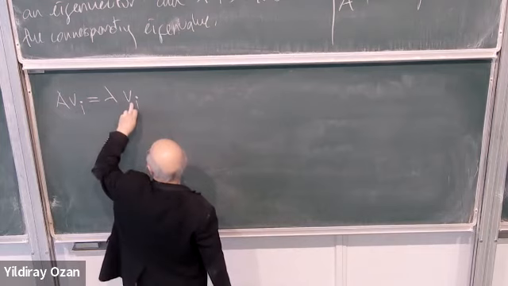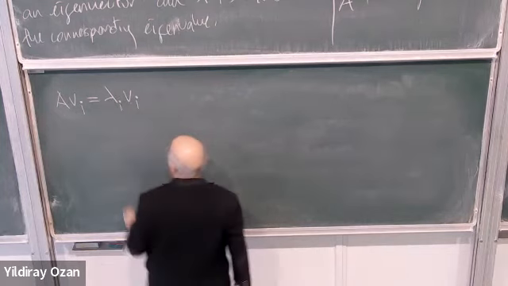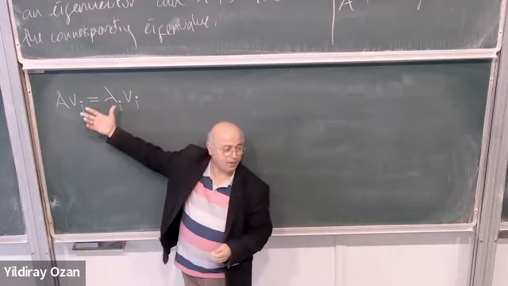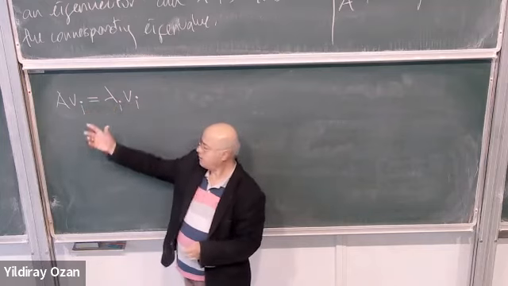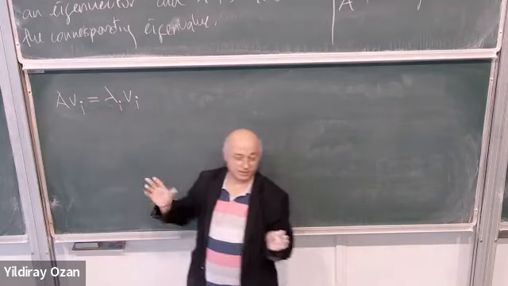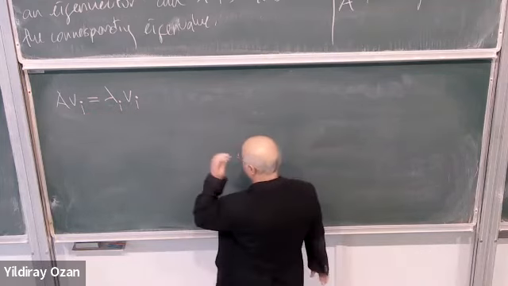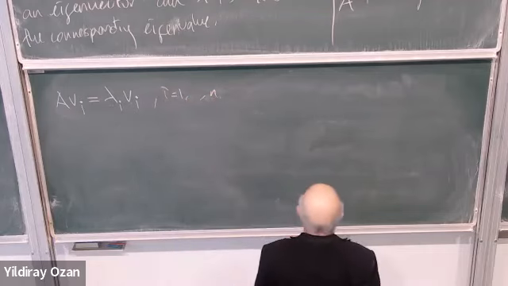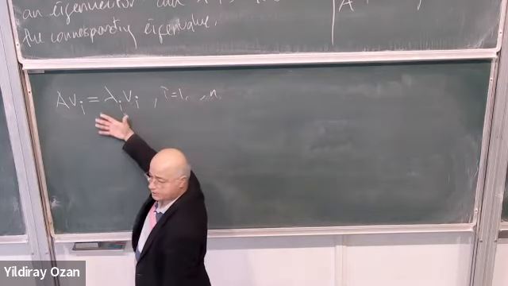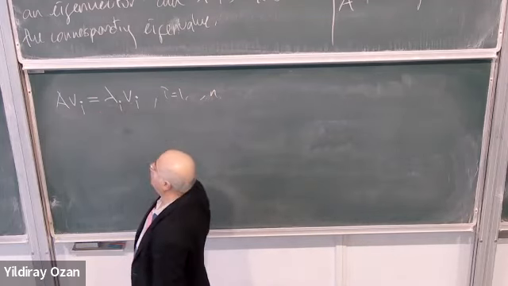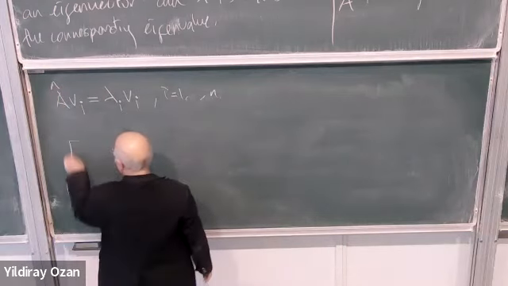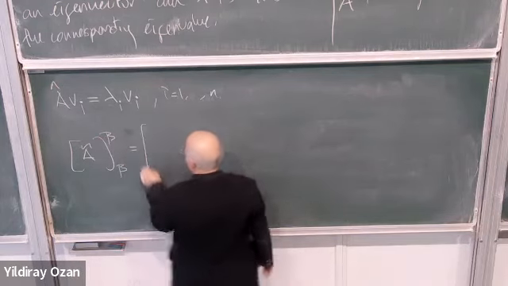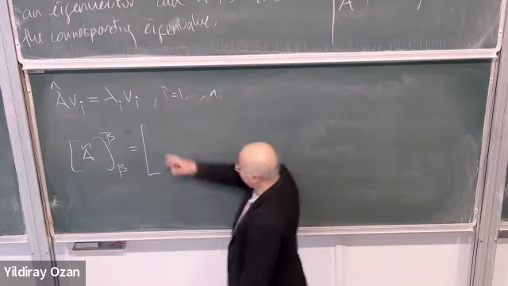Of course, depending on the vector, this scalar may change, but sometimes different eigenvectors may correspond to the same eigenvalue. Okay. So these lambda i's are not necessarily distinct scalars. And what is the matrix representation of this operator in this basis? What will be the first column?